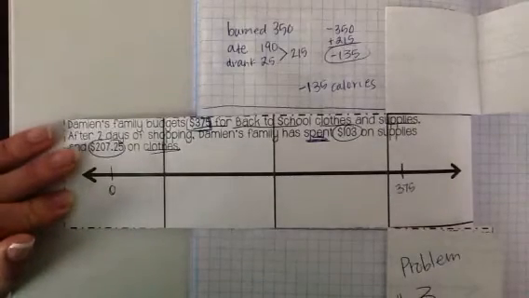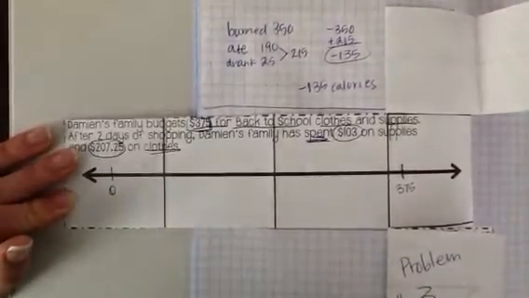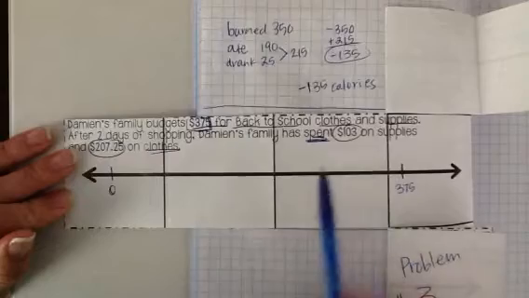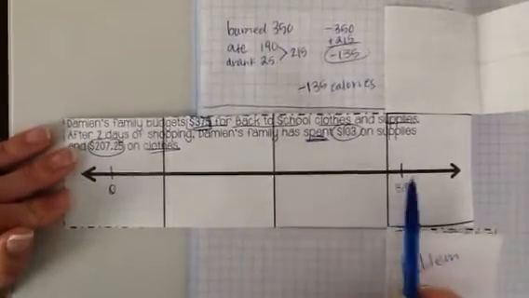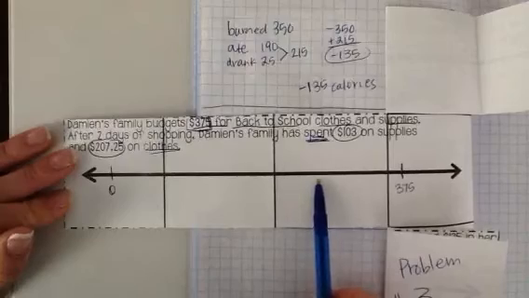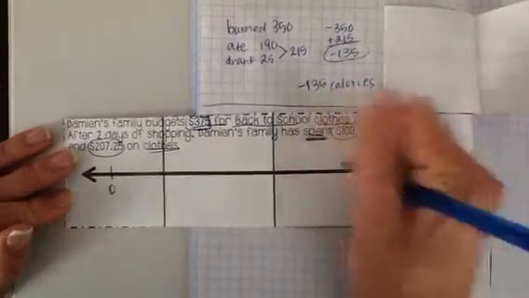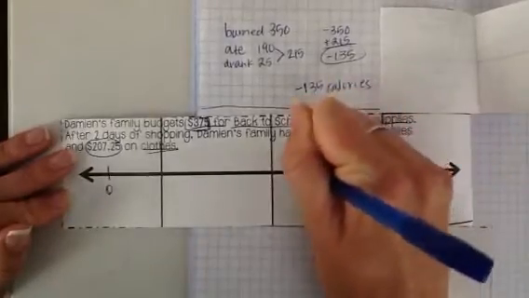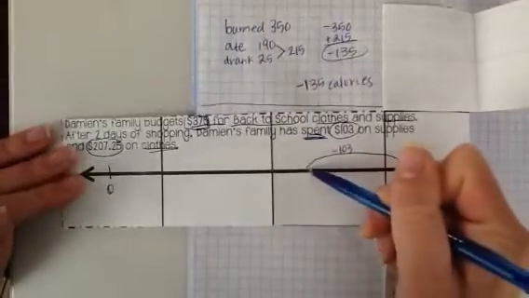The first thing we want to do is take away what they spent. If I know this is 375 and I split this into kind of thirds, I know that 103 is going to be roughly a third of the way back. So I might just guesstimate and say I took off 103 here, and that's going to land me somewhere.